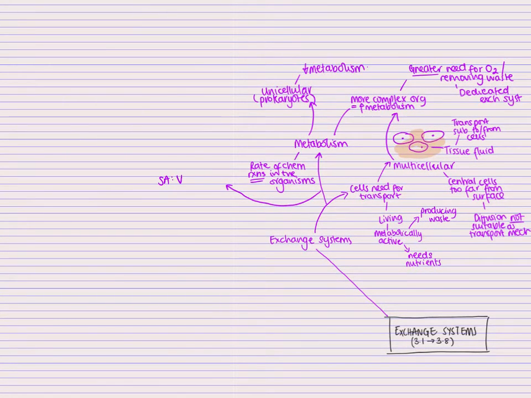Surface area to volume, I'm just going to write surface area to volume, just in case you're not too sure. So with the surface area to volume ratio, it is literally a comparison of the surface area to the volume.